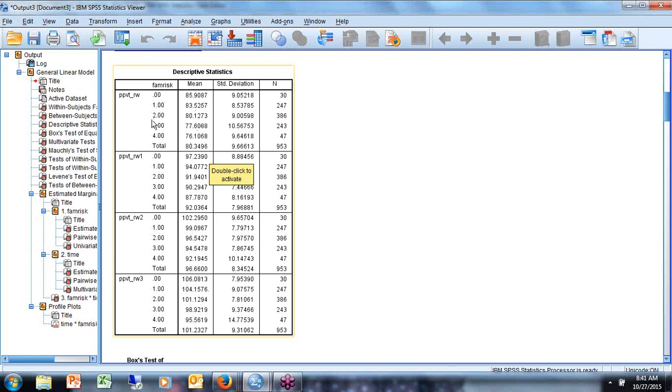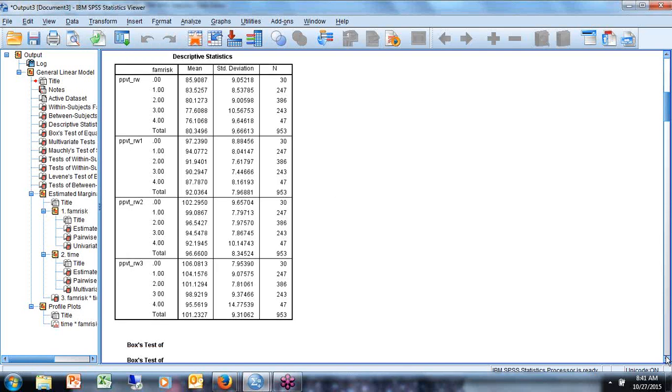So while we might expect a time effect for the PPVT, we might not see an interaction between the time variable and the family risk variable, because it looks like the patterns are stable across time, which means that they will be parallel. The interaction effect between time and family risk is essentially a test of whether or not the differences that occur in the PPVT for family risk levels are parallel across the different years of time.